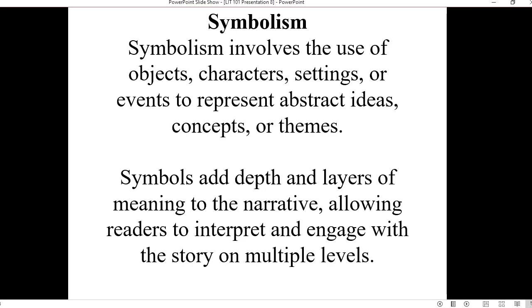So we can have fiction that will come in the form of a poem, the one that will come in the form of a drama, and the one that will come in the form of a prose. But from the perspective of this course, we have looked at fiction from the standpoint of prose, and we have seen different features and elements of prose.